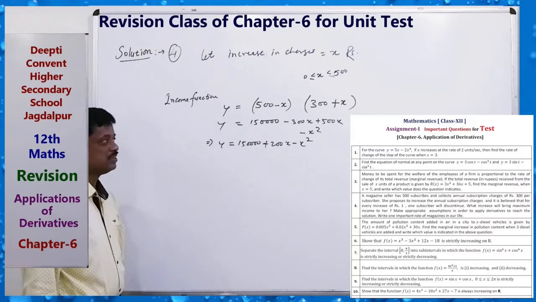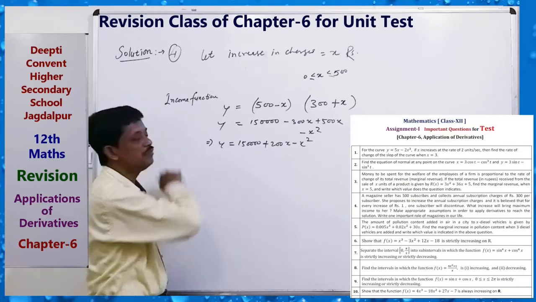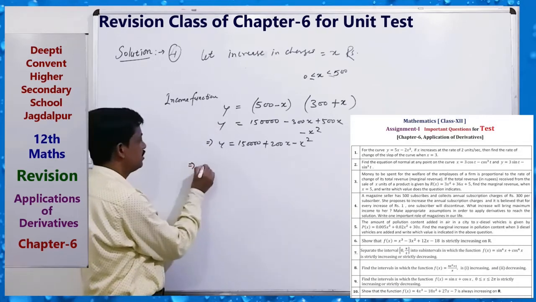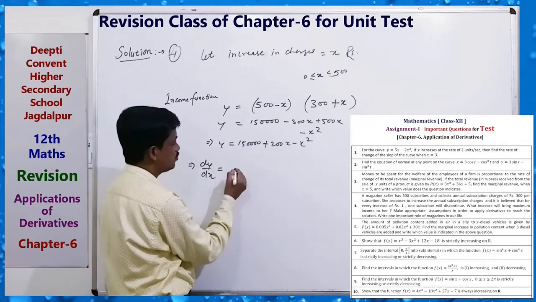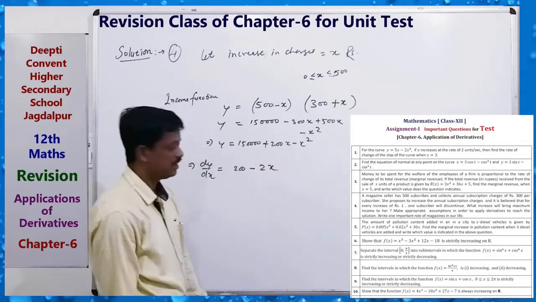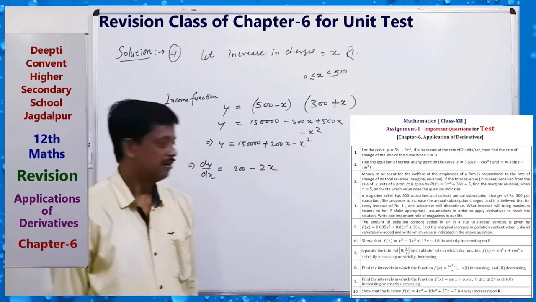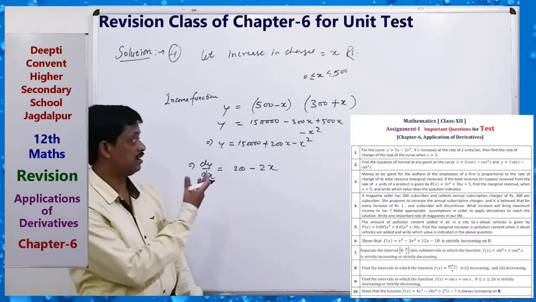Clear? So now we have to maximize the income function. So find the derivative. dy by dx equals to what? This is 0, this is 200 minus 2x. And for maximum or minimum, we know the second derivative test tells whether income will be maximum or minimum.